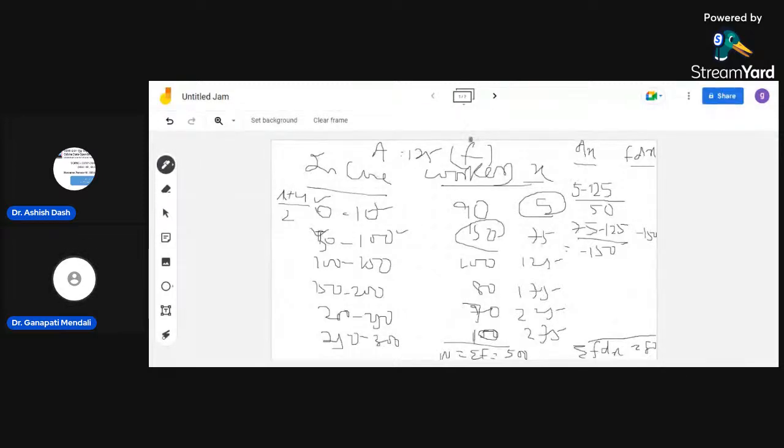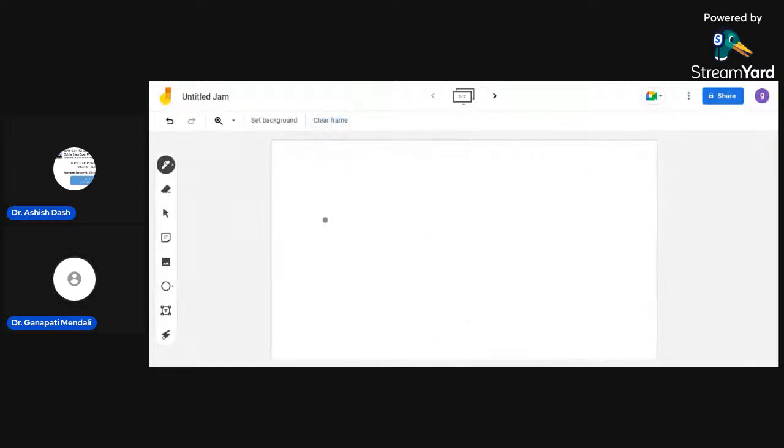Okay, so I'm just clearing this. Here the arithmetic mean formula is x bar is equal to assumed mean plus summation f dx by n into h.